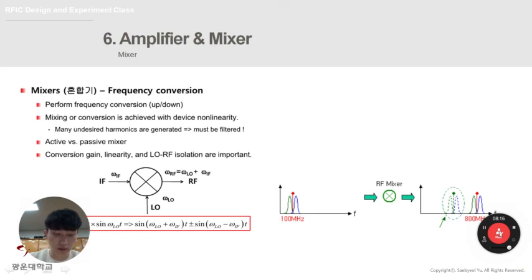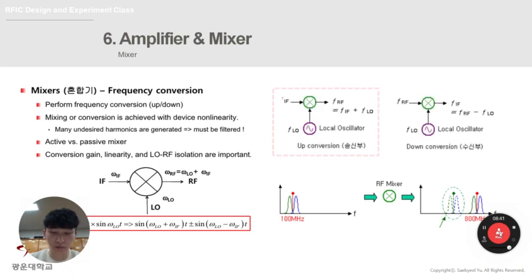A mixer is a nonlinear element that converts frequencies. The filter is required because frequency up-down conversion and harmonics occur. Linearity is an important indicator because the frequency is converted and the signal is produced.